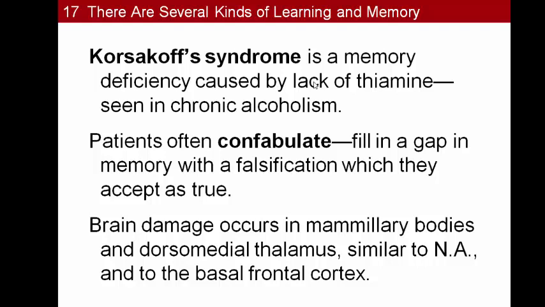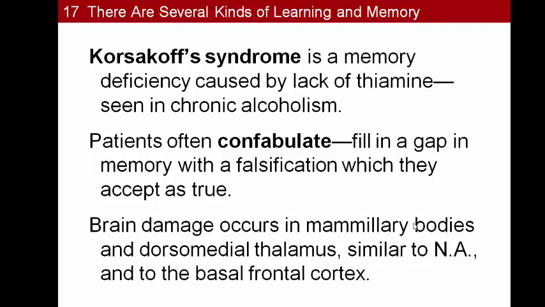So what happens here is that there is damage to the individual's mammillary bodies and part of the thalamus, and that's very similar to what happened to NA. He had damage to his mammillary bodies and to parts of his thalamus and hypothalamus because of the fencing sword. But here we have an individual who has damage because of a lack of nutrition.